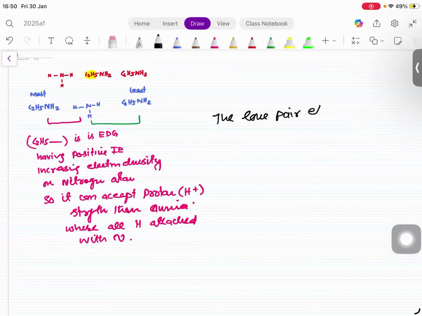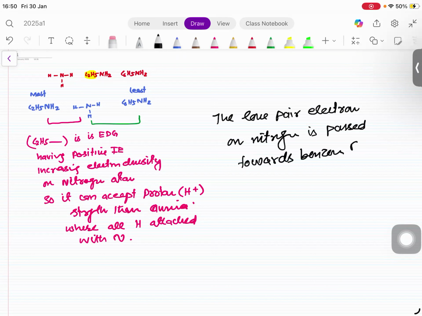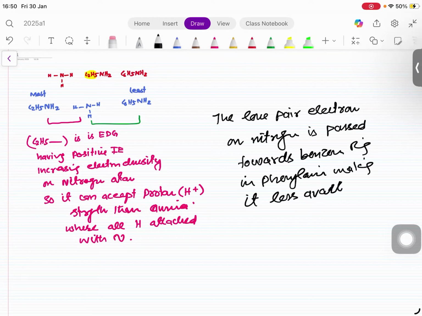The lone pair of electrons on nitrogen is passed towards the benzene ring in phenylamine, making it less available for protons or H positive ion to accept.